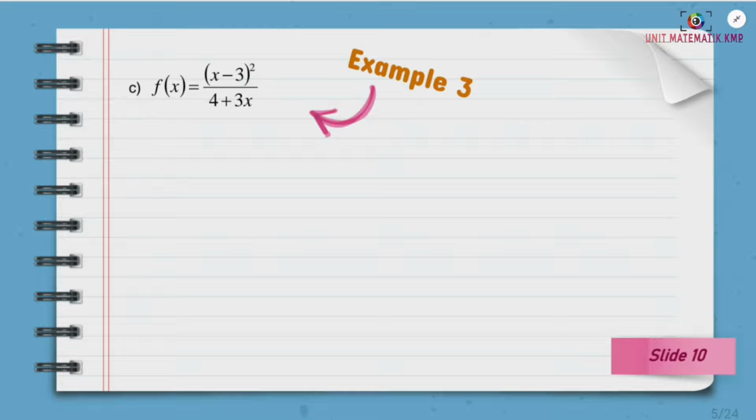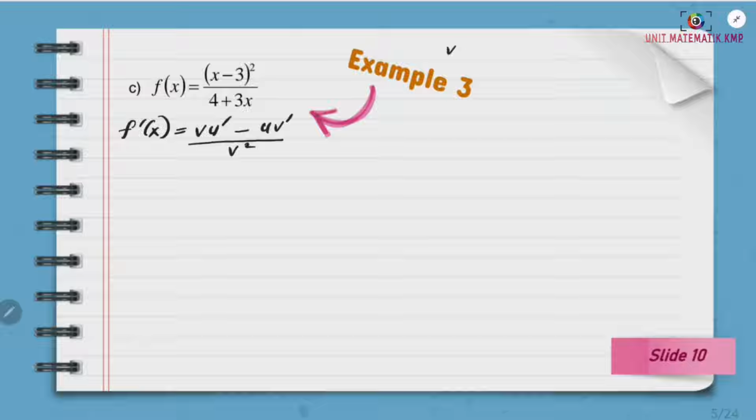For example 3c, given f(x) equals (x − 3)² divided by (4 + 3x). We solve this question to find f prime x by using the quotient rule. So f prime x equals (v u prime minus u v prime) over v squared. v is the denominator and u is the numerator.